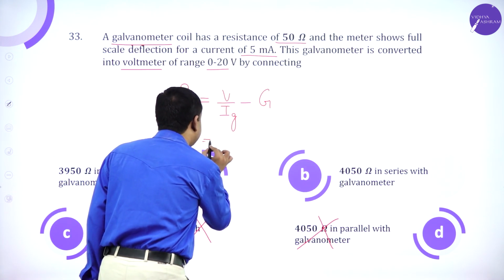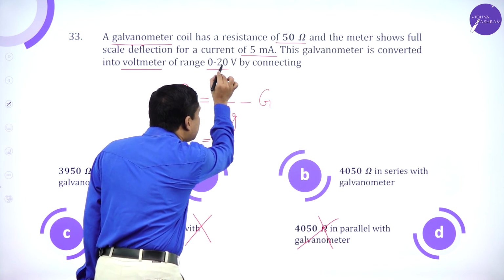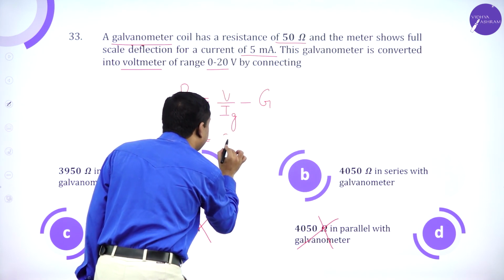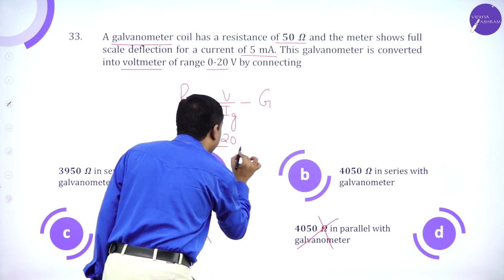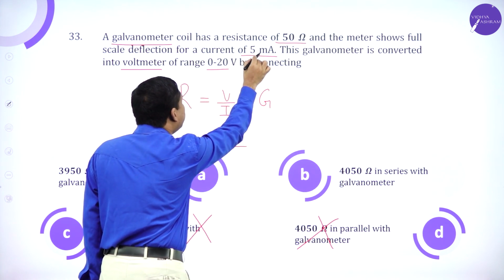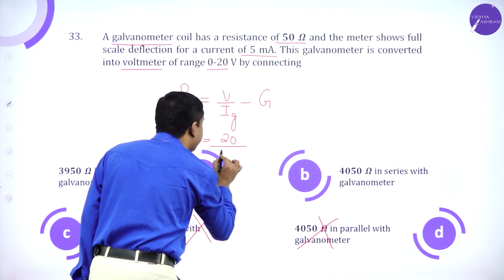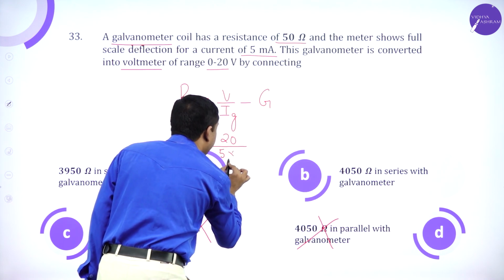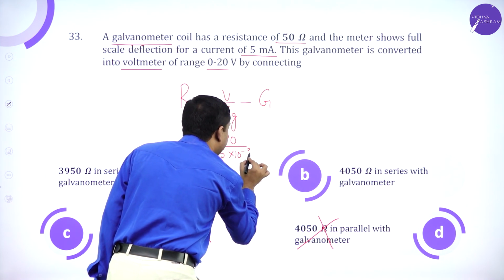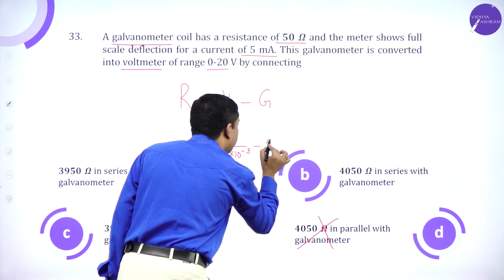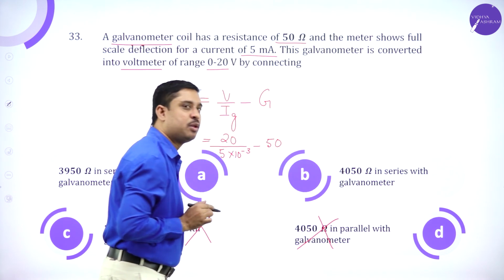So this is V. What is the range of the voltmeter converted? 20. 5 milliamp current for full scale deflection. 5 into 10 power minus 3, minus 50.